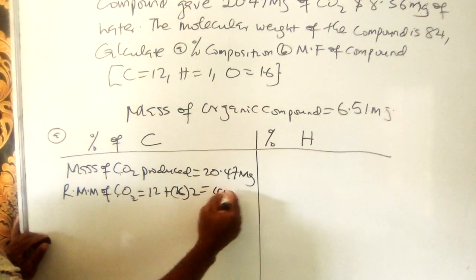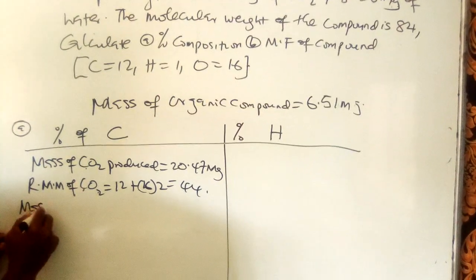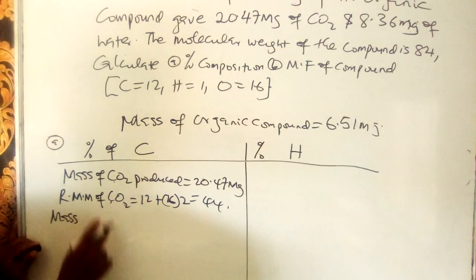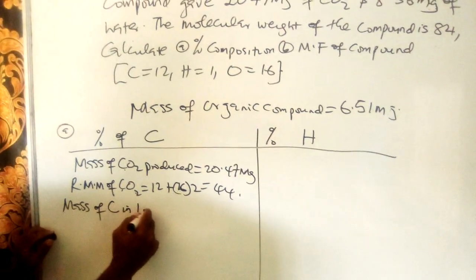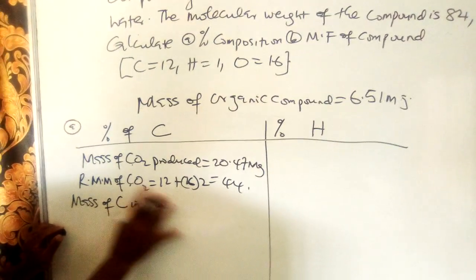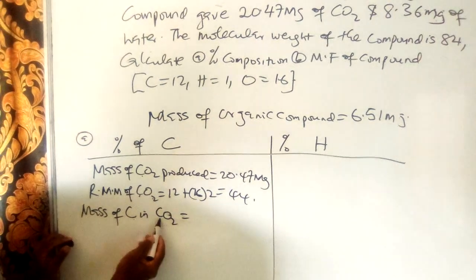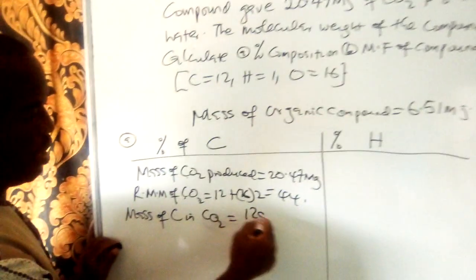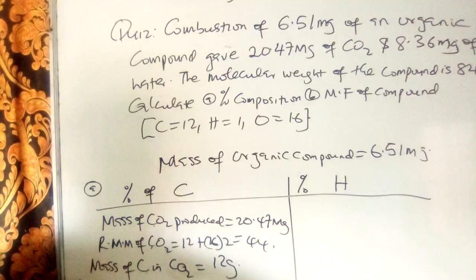That gives us 44. Then the mass of carbon in 1 molecule of CO2: there is only 1 atom of carbon in CO2, and the mass is 12, which is the mass of carbon.